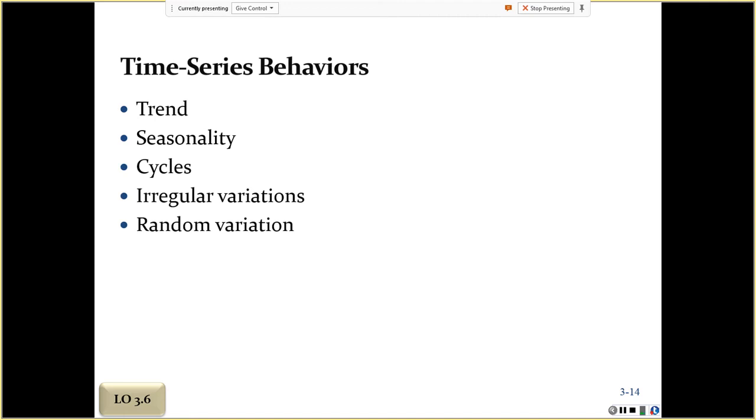Seasonality is short-term, fairly regular variations, generally related to factors such as the calendar or time of day. An example would be demand for movie theaters, where a lot of people go to movies and plays a lot more when the weather is warmer.